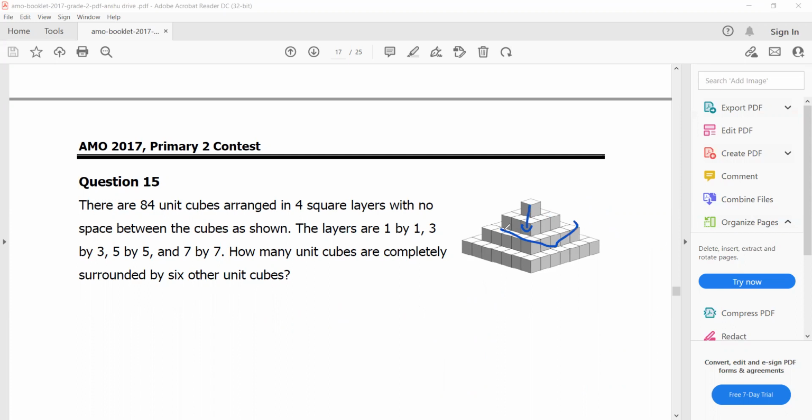Similarly here, the 9 squares in this area will be surrounded up and down by 6. So it will be 3 into 3 plus 1 into 1. If you increase the level, it will be every time alternate, right? Suppose there is one more level, then it will leave out this bottom one.